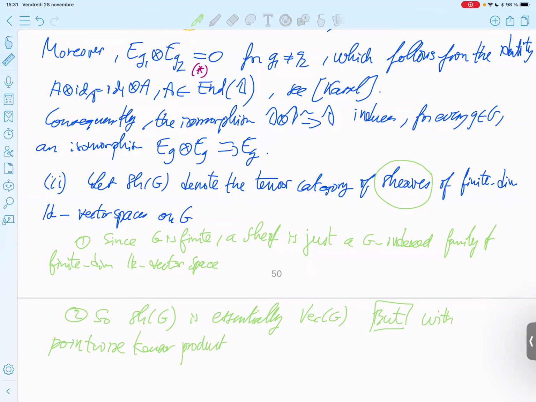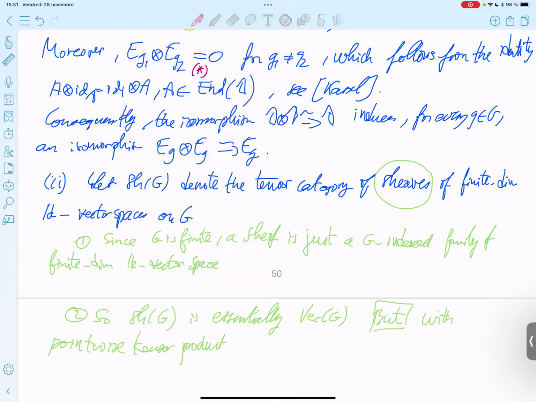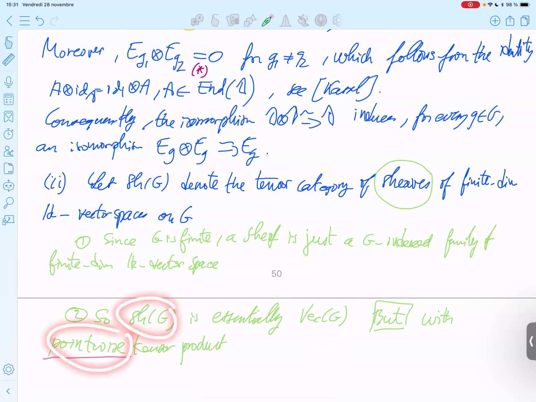In fact, it was not specified in the paper whether you should, because I read in the literature that usually for the tensor category of sheaves you have the pointwise tensor product, whereas here you have the convolution tensor product. So it's the same category but with a different tensor product, pointwise for that and convolution for that. This is the only difference.